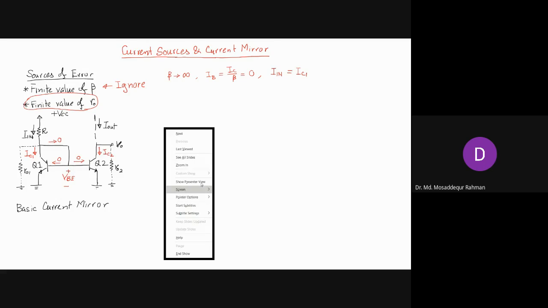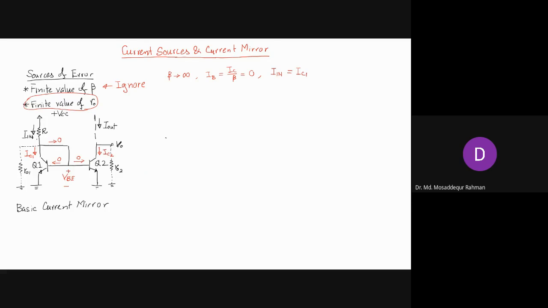So there is a parallel path to the path of the collector current IC. There is a voltage here, the collector voltage VC1, and a current will flow here, which is the voltage divided by the resistance R01.